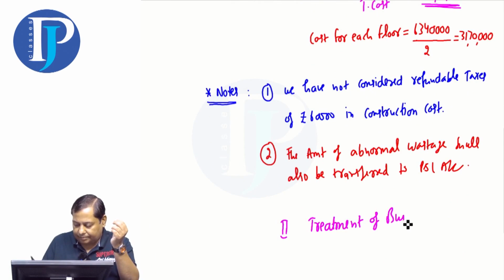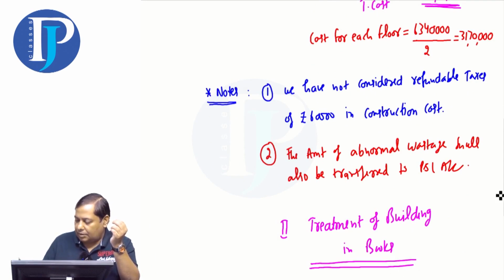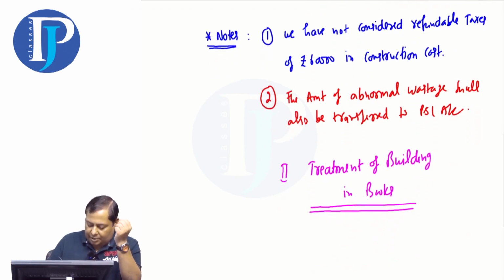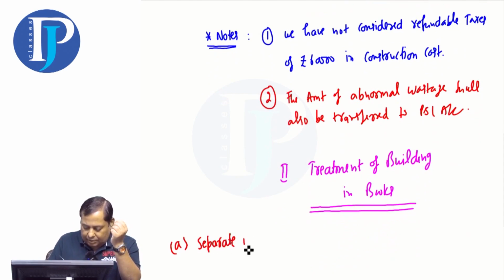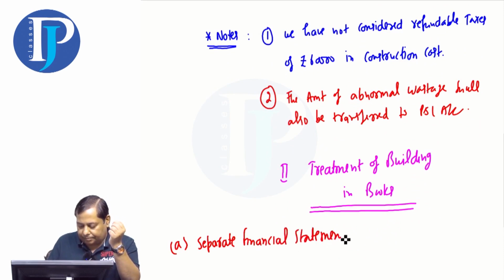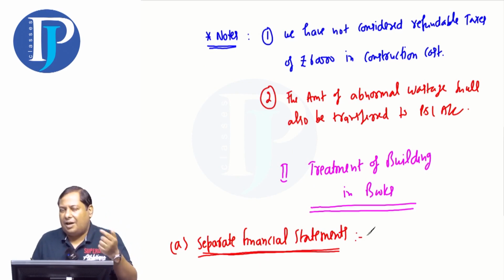Treatment of building. In books, we have 2 books with us here. One is SFS, separate financial statements. They have rented out 1 floor and they will use the other one.